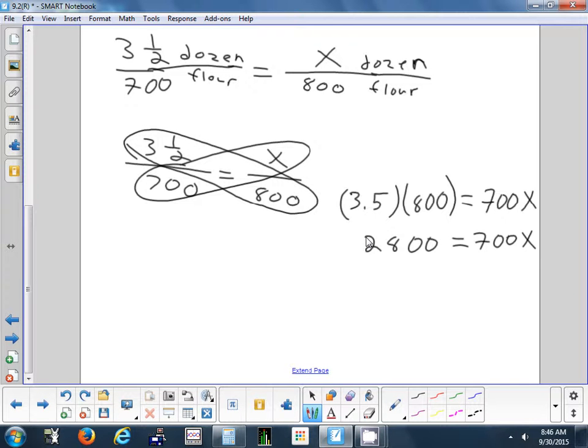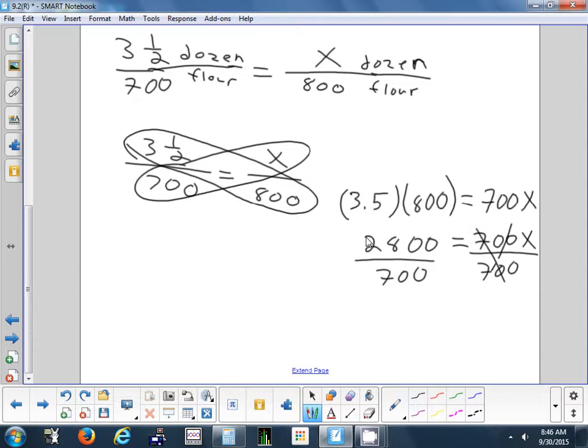And now I want to get x by itself. So my last step. How about Ryan? You tell me my last step here to get x by itself? Divide 700 both sides. Yeah, nice. Divide each side by 700.